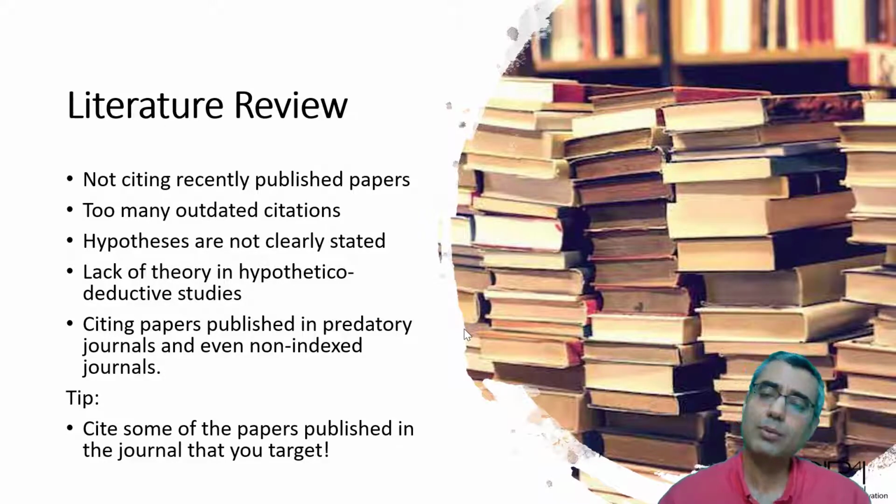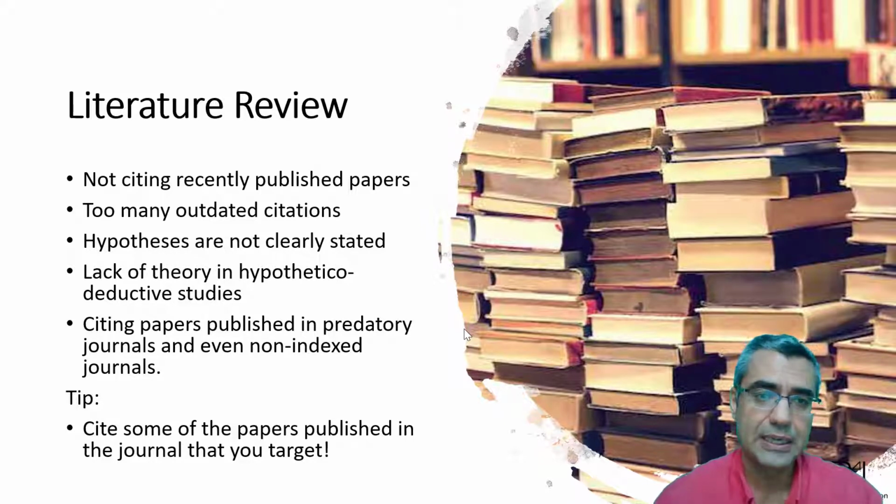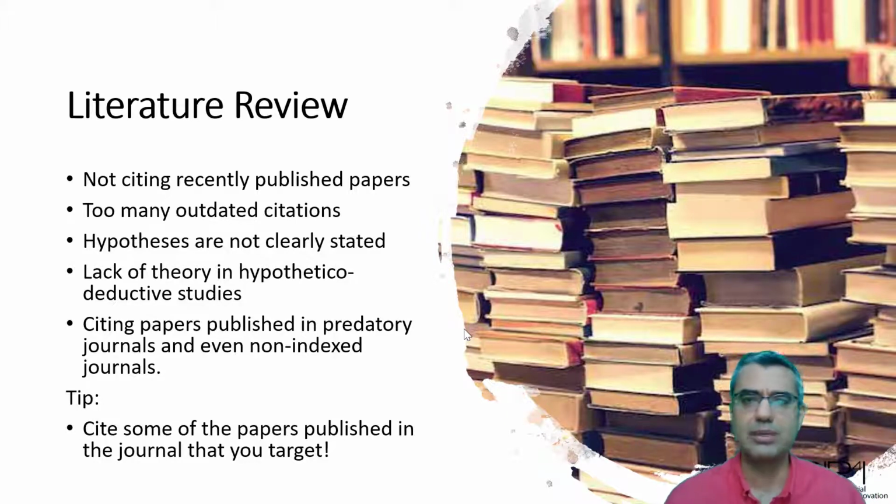And now, what about the literature review? One of the reasons that papers get desk rejected is they don't cite recently published papers. I have rejected many papers because they have not cited any paper published in, let's say, the past 5 years. So what happened in the past 5 years? In these cases, I assume that this paper was written 5 years ago and the person has not updated it.